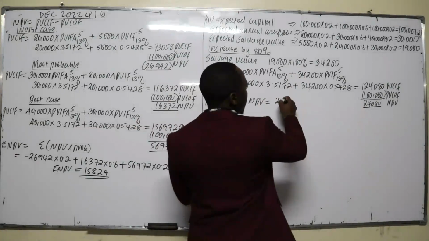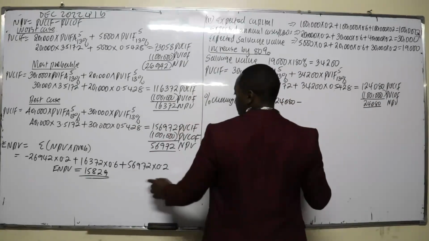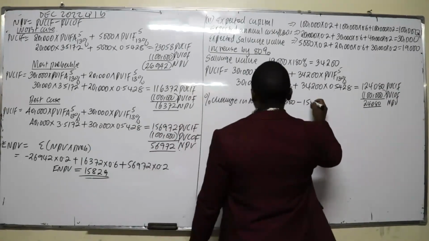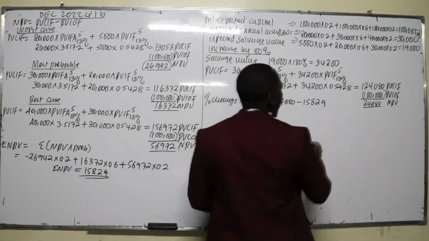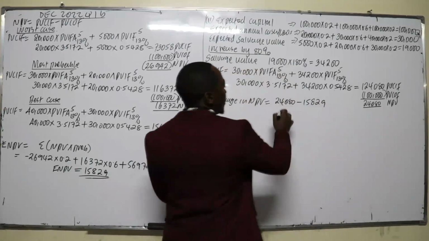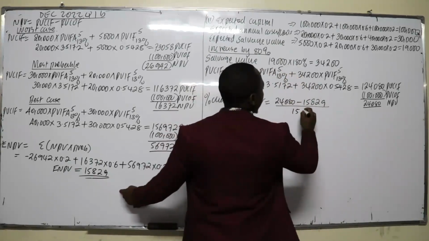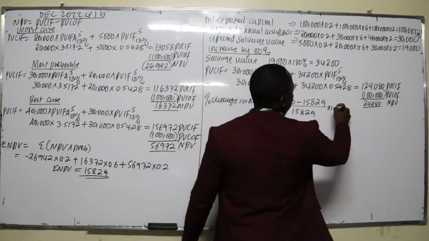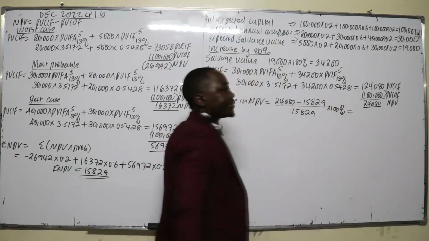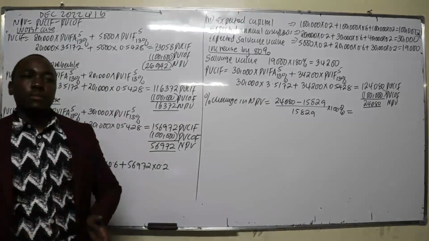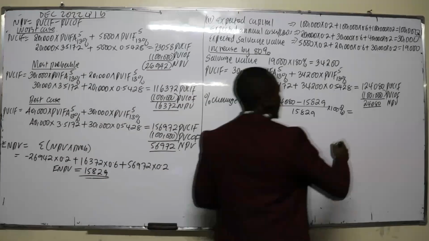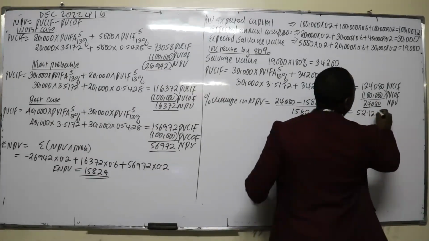So you'll take 24,080 minus 15,829. You just get the change in NPV. Then you always divide by the base case. And the base case was 15,829 times 100. You get? 52.1.